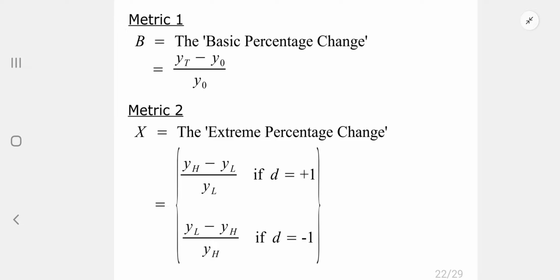And metric 2, which equals X, which equals the extreme percentage change, which equals yH minus yL, all divided by yL if D equals +1, and yL minus yH, all divided by yH if D equals -1.